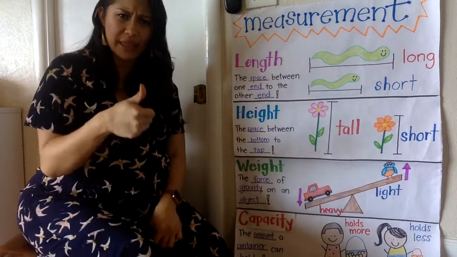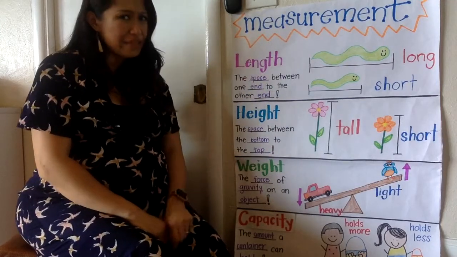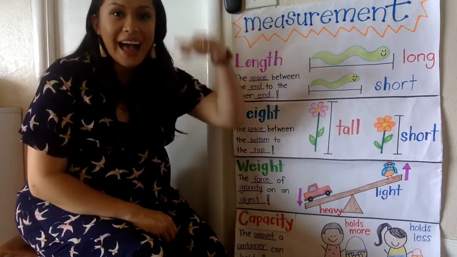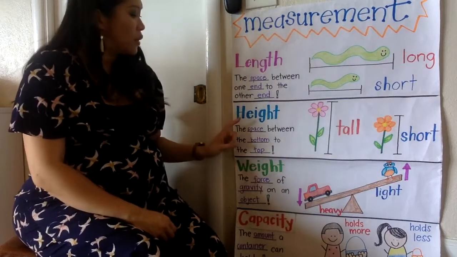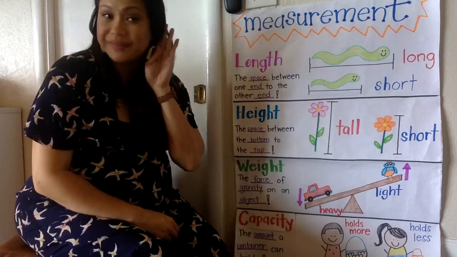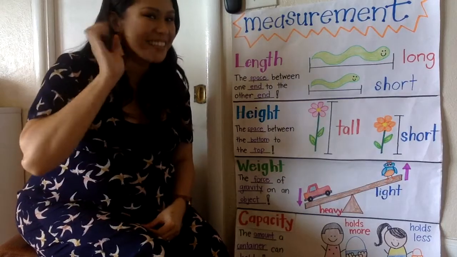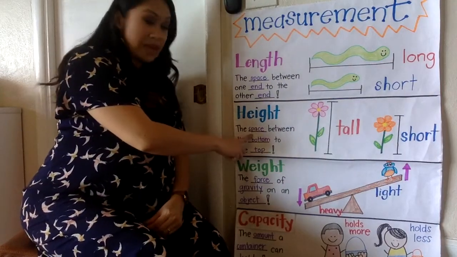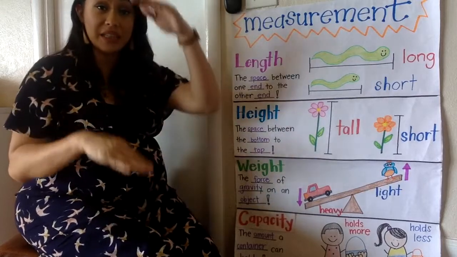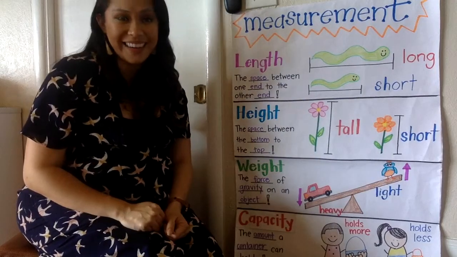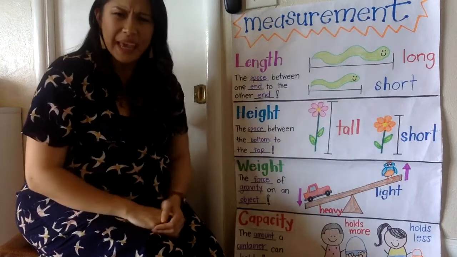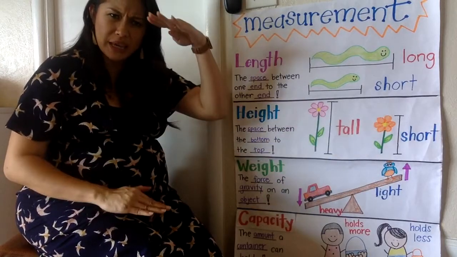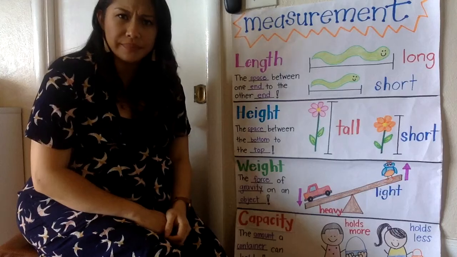And that's length. Okay? After that, you learned height with me. That's how tall something is. So height, everyone say height. Good, I heard you guys. Height is the space between the bottom and the top. What's height again? Space between the bottom and the top. And if the space is big, we would call that what?